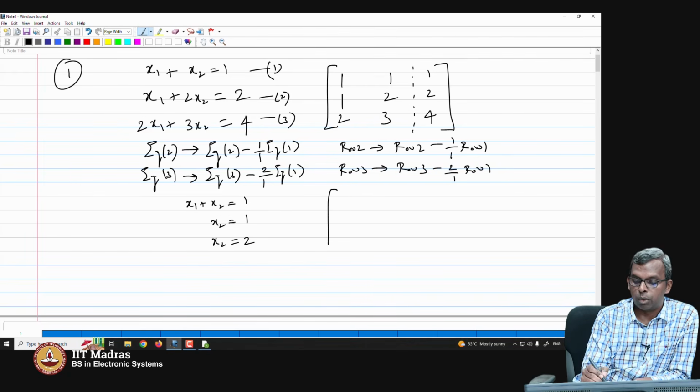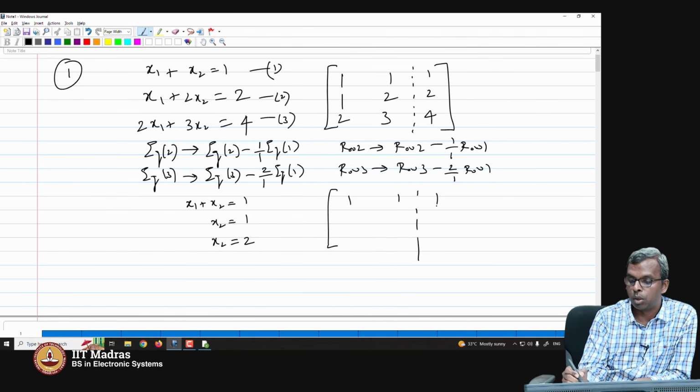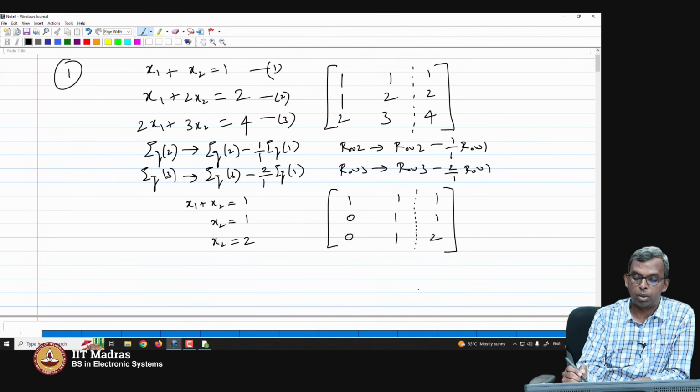So you can write it out here as well, 1 1, the dotted line 1 1 1, 0 1 1, and then 0 1 2. Smaller dotted lines, it's getting mixed up with 1.